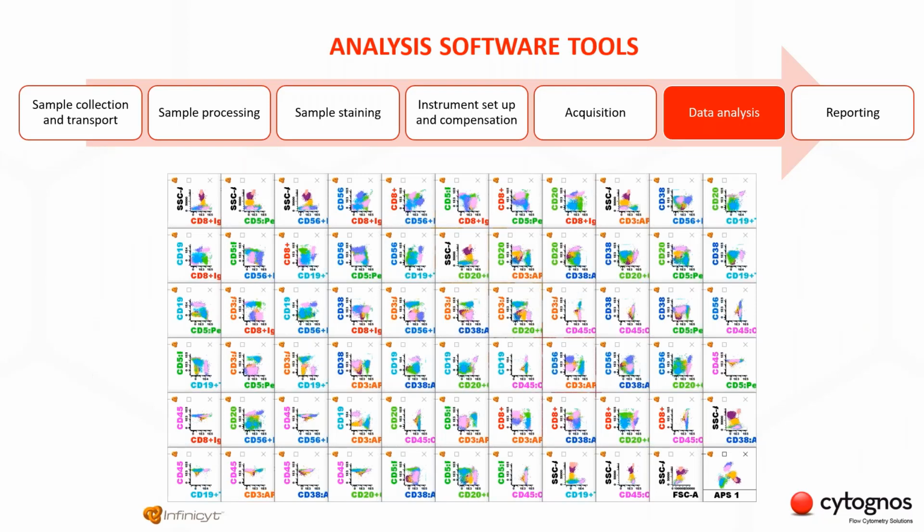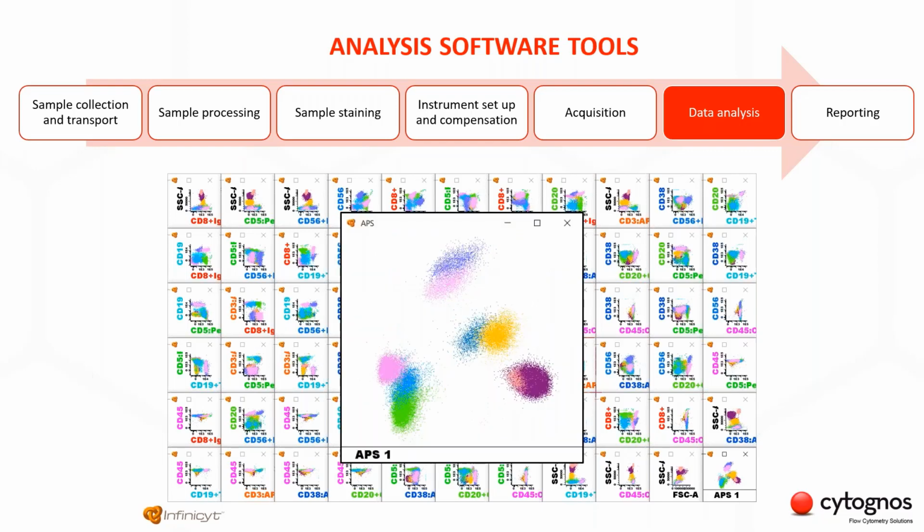As flow cytometry technology evolves, there are more and more parameters to analyze. For example, here we have all the possible combinations of markers in an 8-color panel, that is 64 diagrams. So instead of looking at all these 2D plots, we can convert all of them into one multidimensional diagram that separates out all populations using all the parameters we have in our panel.